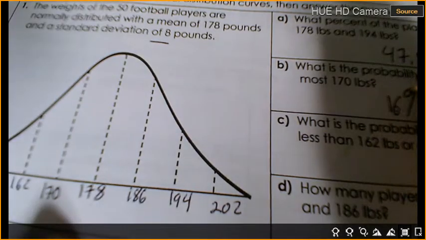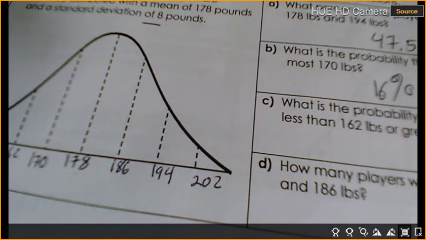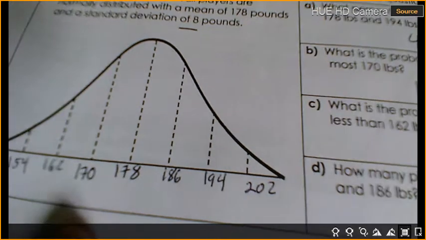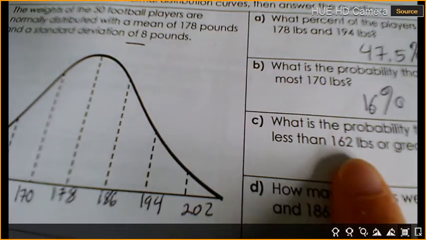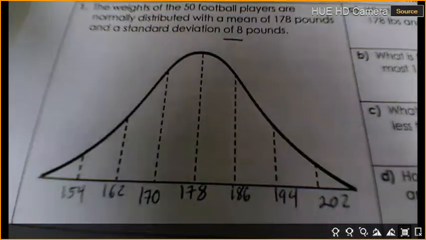No. Okay. What is the probability that the player weighs less than 162 or greater than 194? So I need these at the ends. We're going to add them together. So it's less than 162, so I'm looking at this stuff over here.